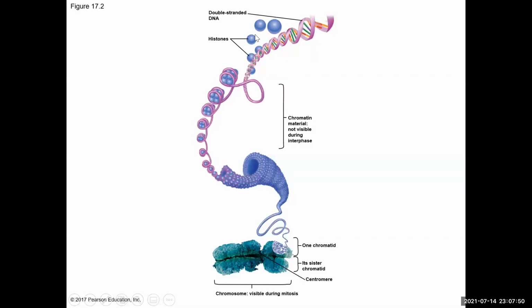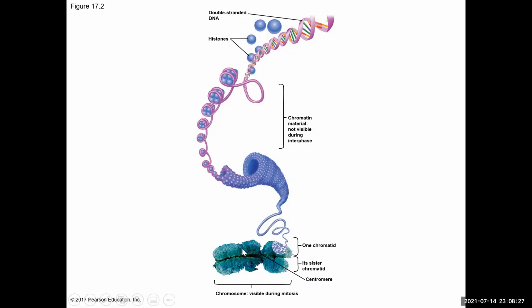And so here we have double-stranded DNA up at the top. These blue spheres are histones. And what happens is right before cell division, the DNA, the chromatin, will condense in prophase. This chromatin material is not visible under a microscope during interphase. But whenever prophase happens, the chromatin will condense down, wrap around these histones, and then condense into a chromosome.